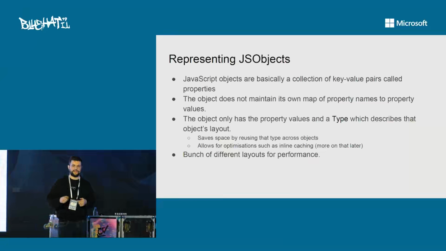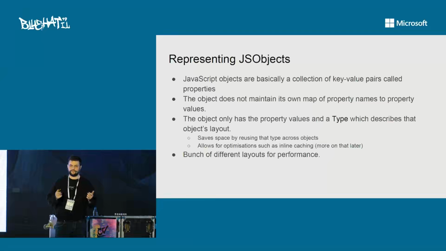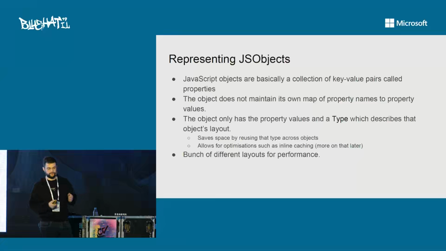The object will only maintain the property values, and a pointer to an object which describes that object's layout. In Chakra, it's called the type, and it allows for 2 nice things. The first one is you save space, because every object of the same type points to the same type, which you only allocate once. And it also allows for optimizations such as inline caching, and we'll talk more on that later.